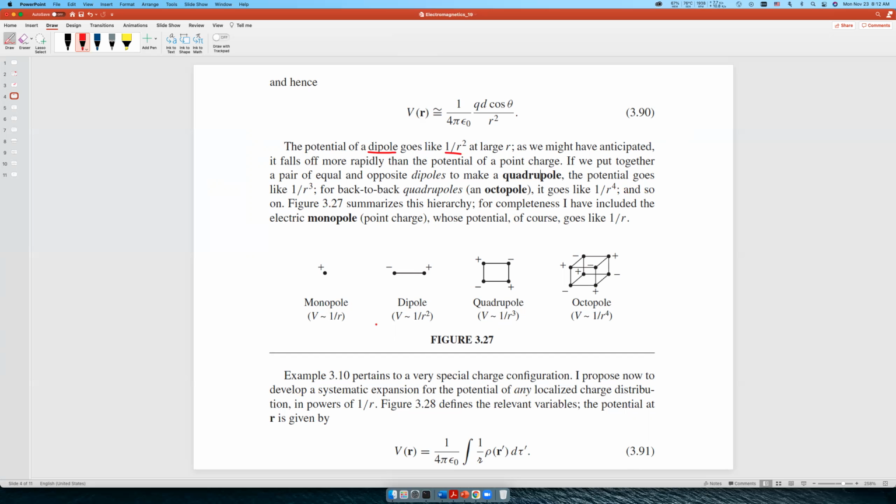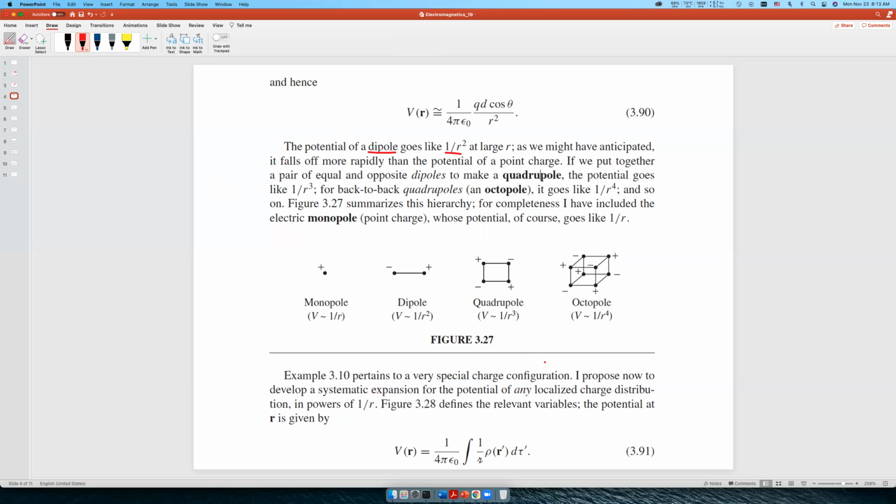So here, the picture shows a monopole, dipole, quadrupole, and octupole. And we can see how V falls off. In the monopole case it falls off like 1 over R, then the dipole vanishes faster, 1 over R squared, and for the octupole it goes like 1 over R to the 4.